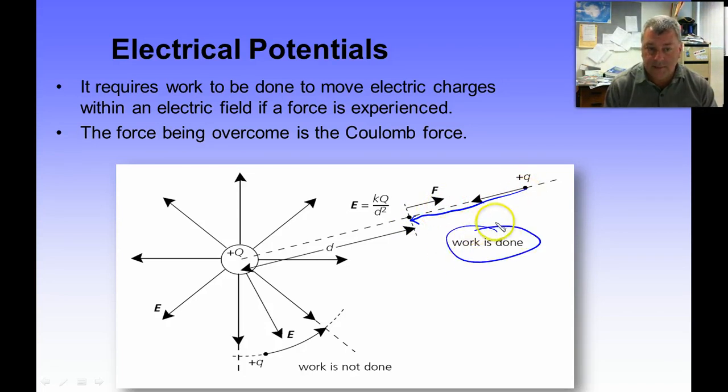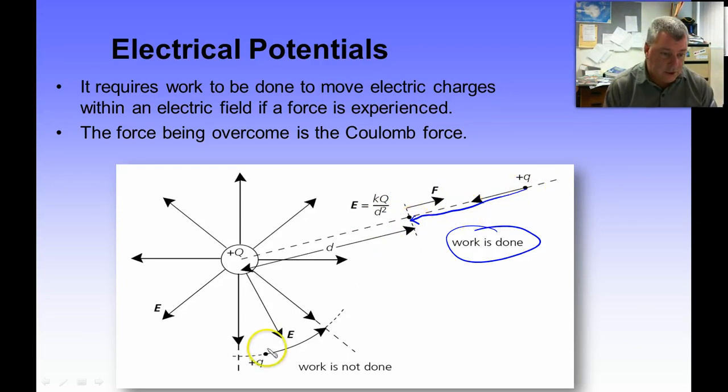Work is being done because we're being opposed by this force here, which is the Coulomb force. Now we're also moving it from here to here, so we're getting a change in the electric field strength which correlates to that gain in potential energy, or the work being done, which is also measured in joules.